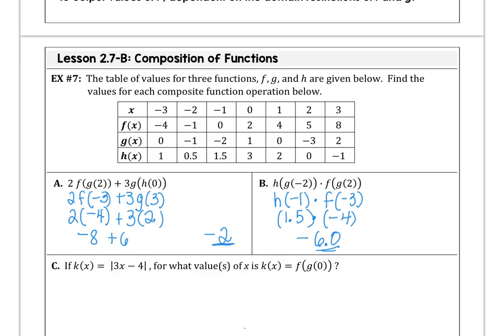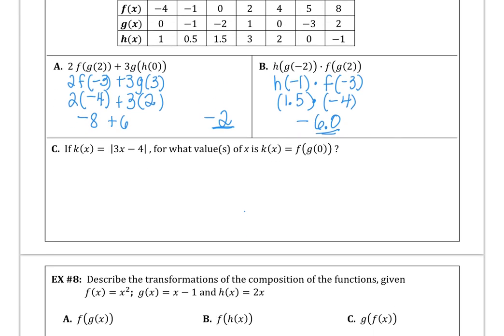In part C, if k of x is the absolute value of 3x minus 4, we want to find the values of x where k is the f of g of 0. So what do we know? We know that the f of g of 0 has to be equal to the f of the g of 0.